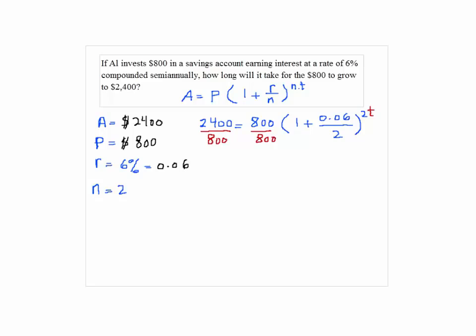On the left-hand side, I would get 2,400 divided by 800, which is equal to 3. And on the right-hand side, I would get 1 plus 0.06 divided by 2, to the power of 2t.